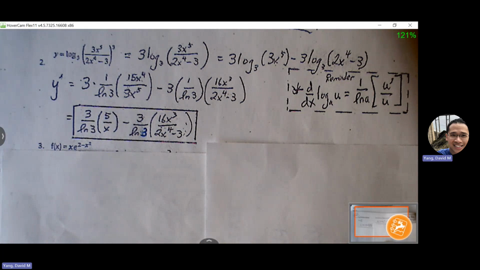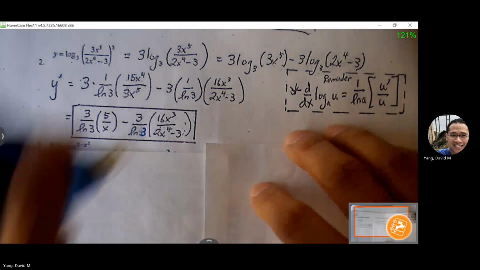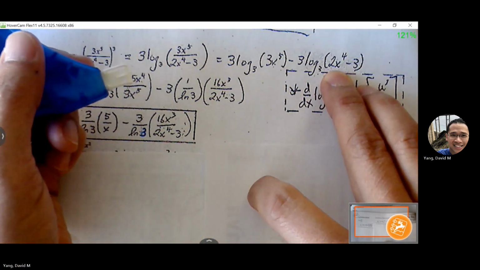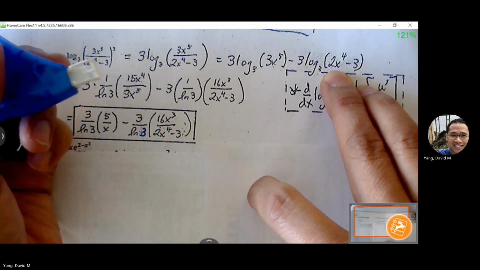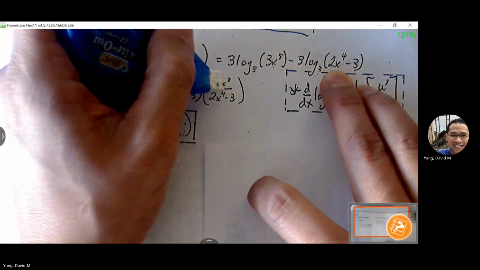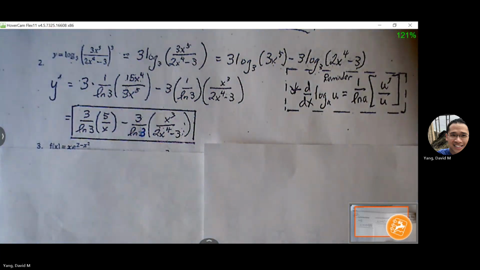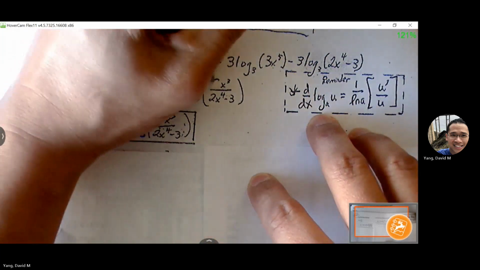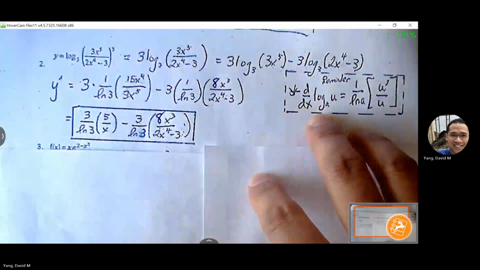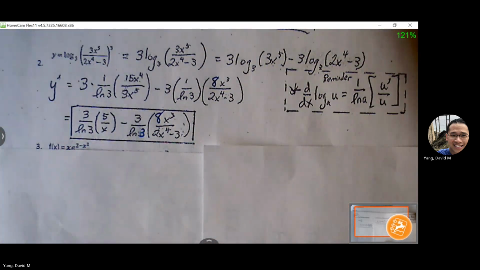Should be 8x cubed, right? Okay, thanks for checking the work there.